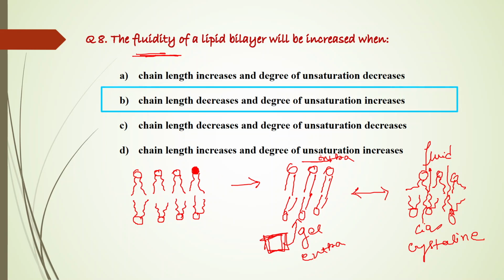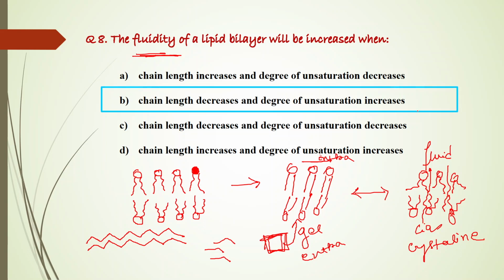Because in the previous question we discussed that the longer the fatty acid, the more properly arranged in a crystalline order they will be. The shorter the chain, the less crystallinity. So if you decrease your chain length, there is more randomness, which leads to more fluidity.